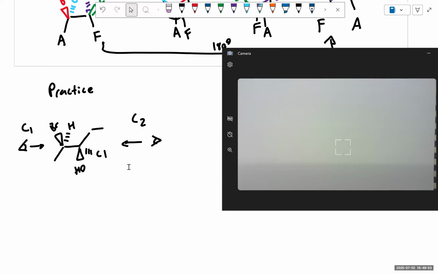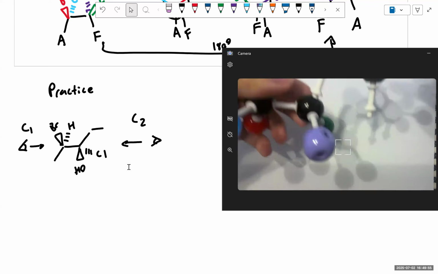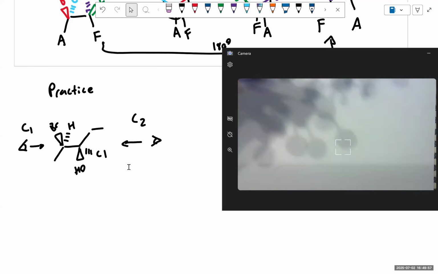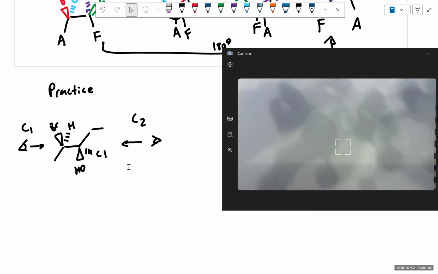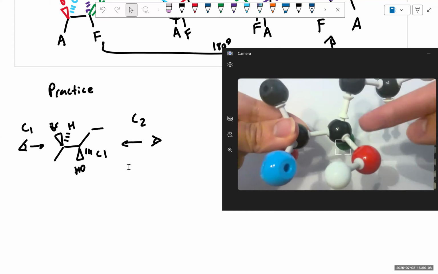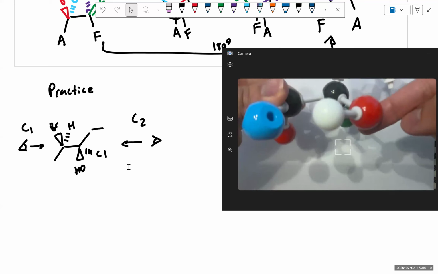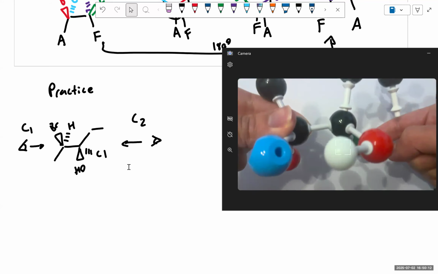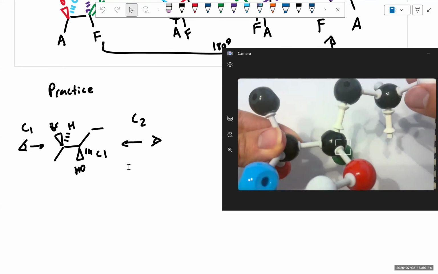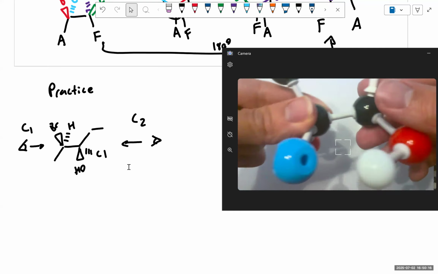I'm starting with the right carbon, so I've installed my ethyl group. Chlorine, I'm going to use a green atom, and the alcohol, I'll use a red atom. So here's the alcohol, it's wedged. Here's the chlorine atom in the back, it's dashed. Here's the ethyl group, it's up in the plane of the page.